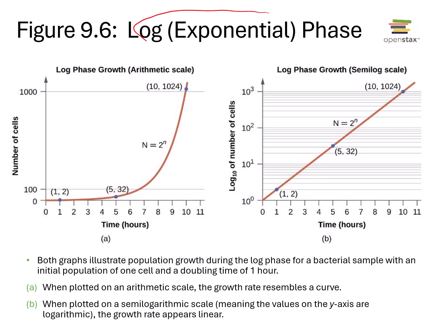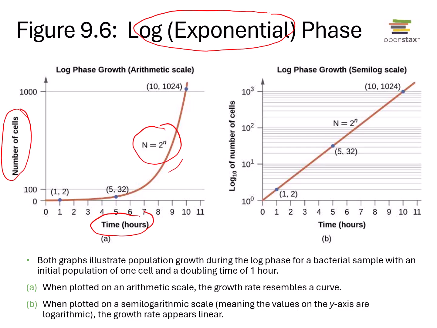During the log or exponential phase of growth, the relationship between time and the number of cells is not linear, but exponential. You can see the steep increase in growth. But the arithmetic or linear y-axis produces this steep curved line that makes it hard to analyze.